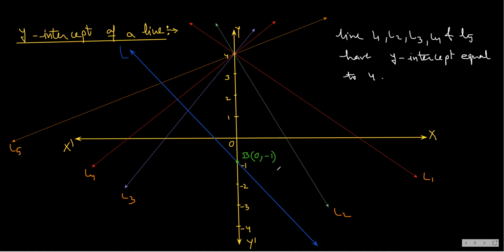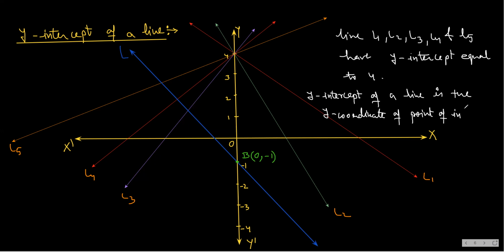So now I can define the y-intercept of a line as follows. This is the definition: the y-intercept of a line is the y coordinate of the point of intersection of the line with the y-axis.